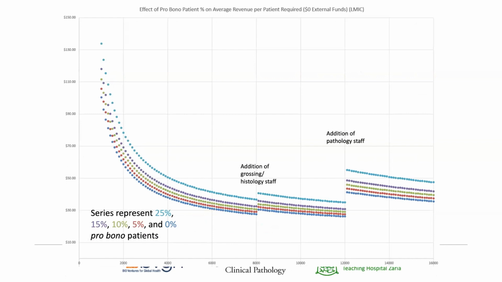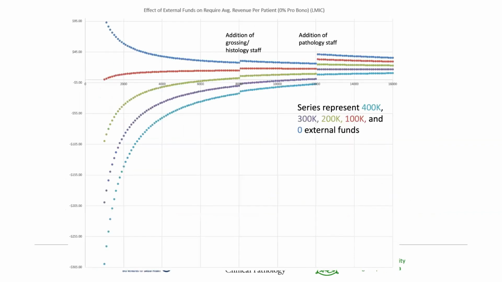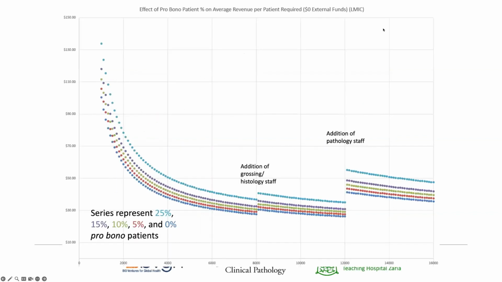So we can offset the cost of those free patients by having a slightly higher price for those that can pay. Now, how you decide who pays and who doesn't pay is a different issue, but the take-home point is that the pro bono aspect of the service does not have a huge impact on the budget. You can absorb quite a few free patients and still be able to do that.